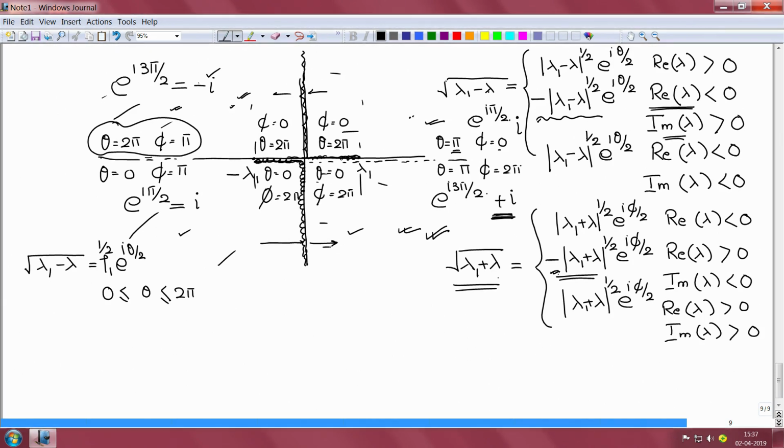So, this minus sign will correct and make it i. So, this jump from here to here, we bring in a minus sign with respect to lambda 1 minus lambda and it corrects for the negative sign on the imaginary value.